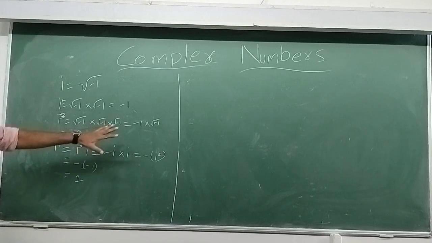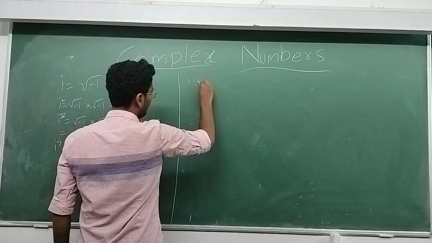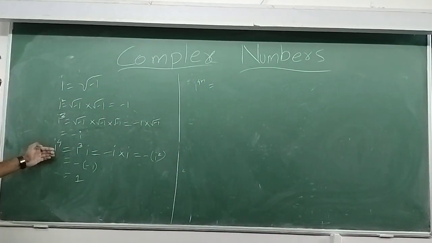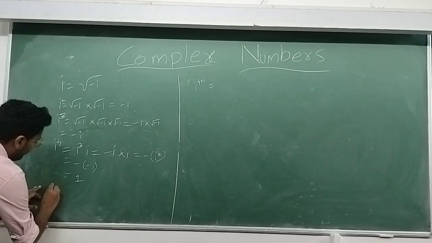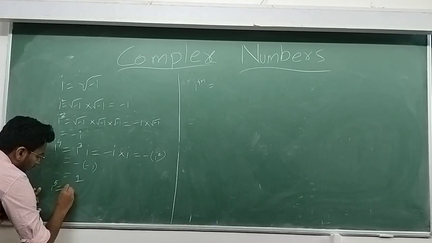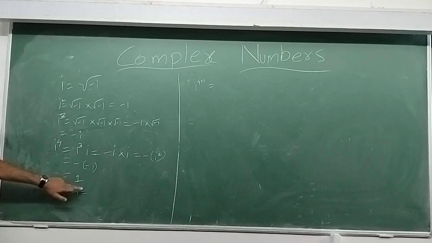Now in general we can write i raised to 4n, which is equal to 1. If we take one more power, then this will become i raised to 5. And i raised to 5 is equal to i raised to 4 into i, which is equal to i, since i raised to 4 is 1.